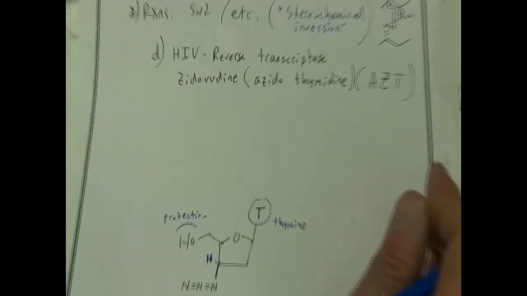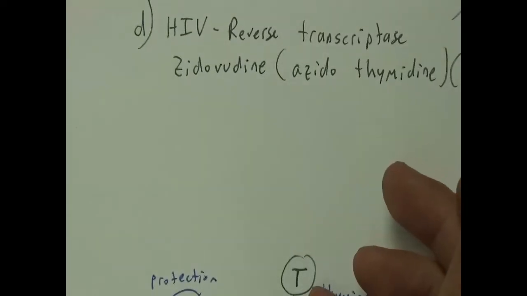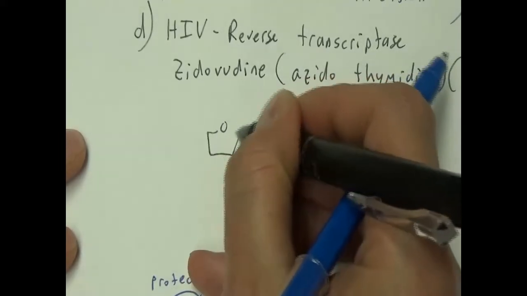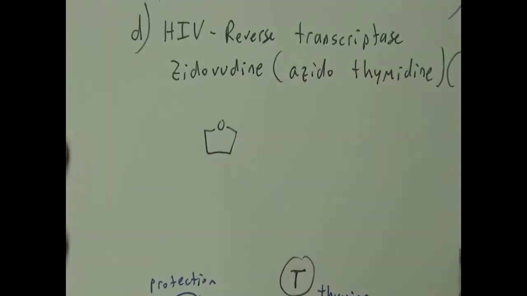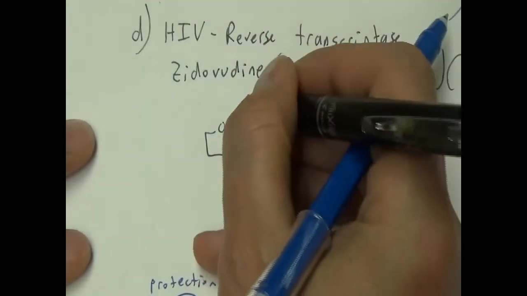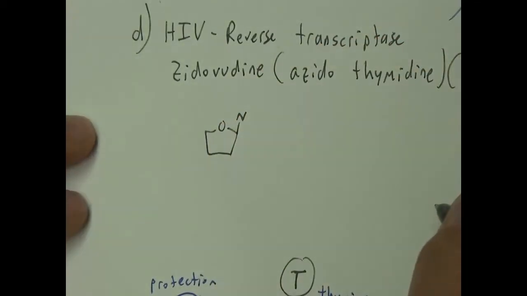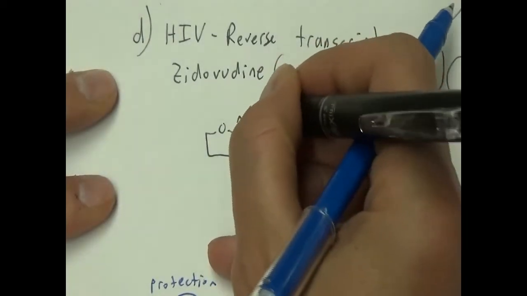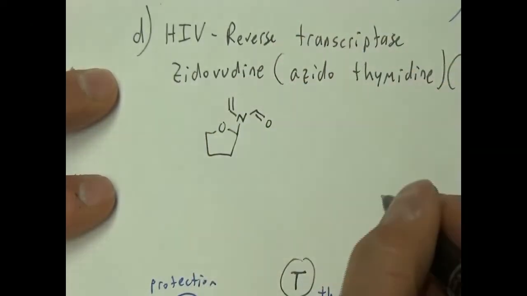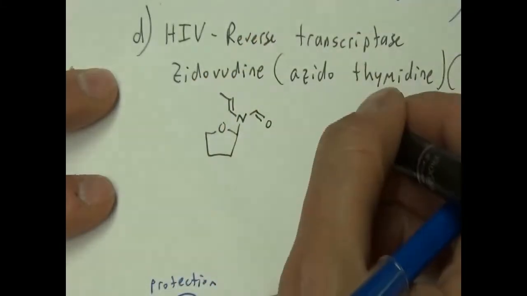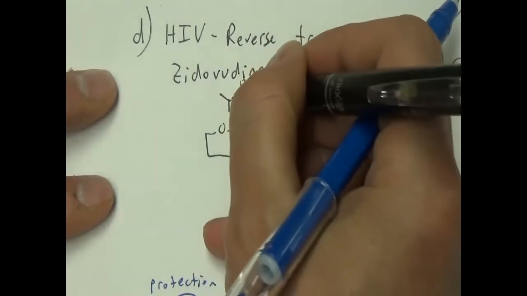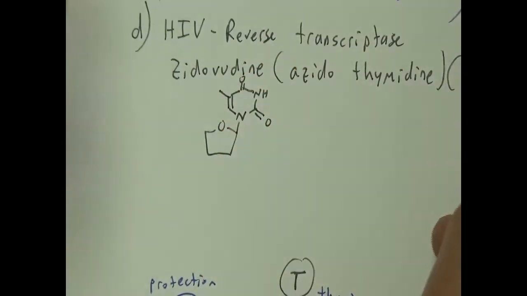All right, so let's jump to the beginning of the synthesis. They start with that furan, which is the 5-member ring with the oxygen. I'm just going to draw out the thymine now. There's nitrogen, C double bond O, C double bond O, NH. See that?